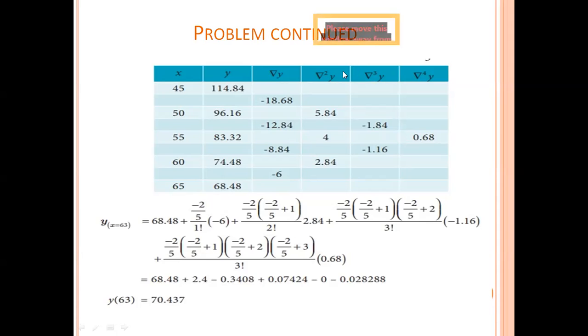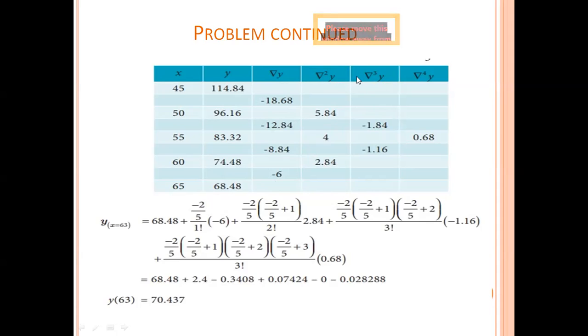Next we find the del square y values. Minus 12.84 minus of minus 18.68 is 5.84. The second value, minus 8.84 minus of minus 12.84, is 4. Minus 6 minus of minus 8.84 is 2.84.